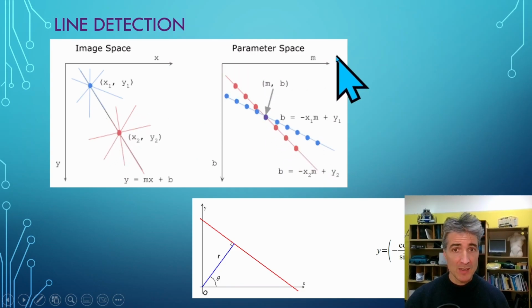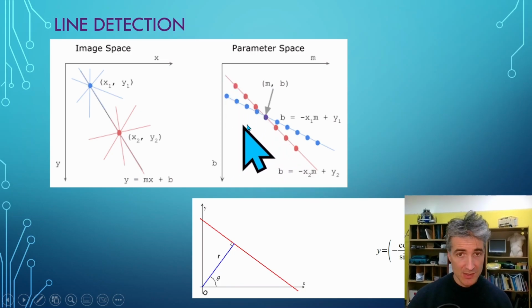Here in the parameter space, where we have M and B on the respective axes, we can see that the parameters of lines going through the blue point are forming a line in the parameter space, and also the lines that go through the red point form a different line.